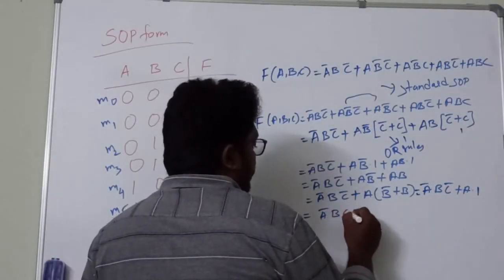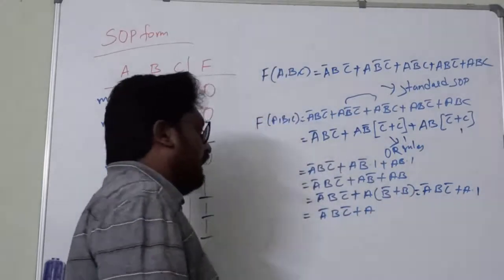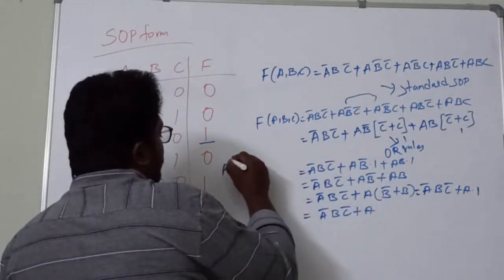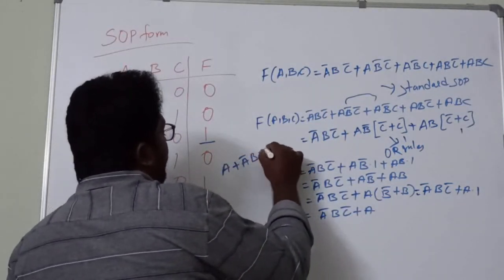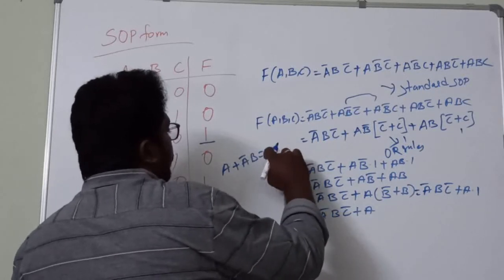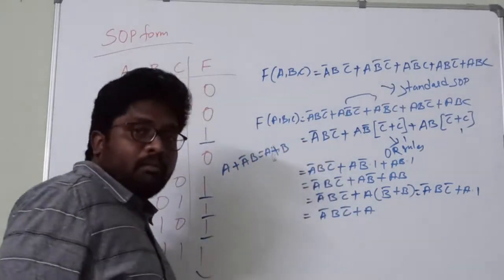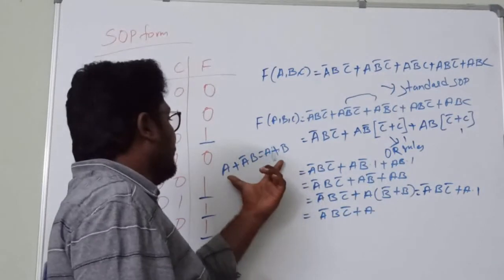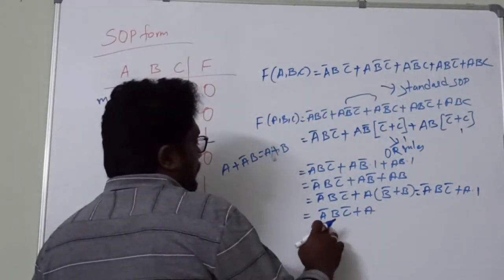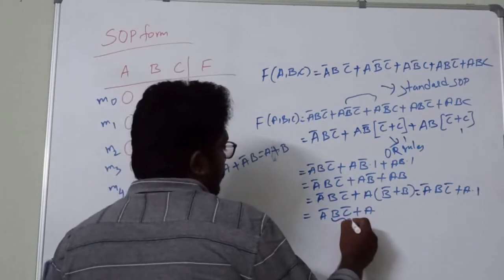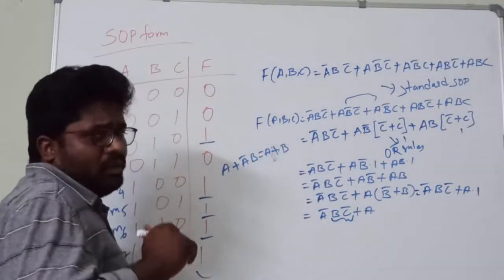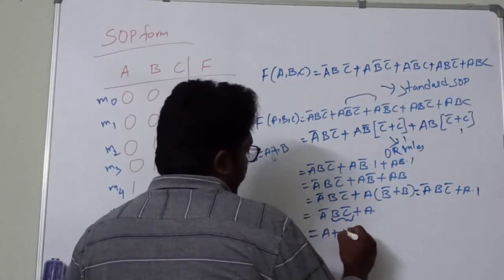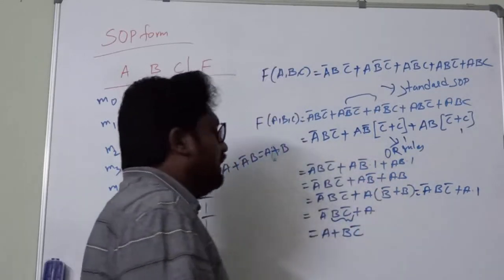So A complement B C complement plus A. Here we have a distributive rule: A plus A complement B is equal to A plus B. The expression we have got is in this form, right? So A plus A complement, these two variables, and the remaining is B C complement. Then the final expression will be A plus B C complement.